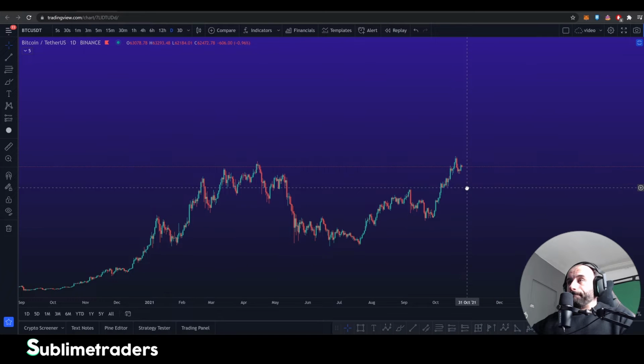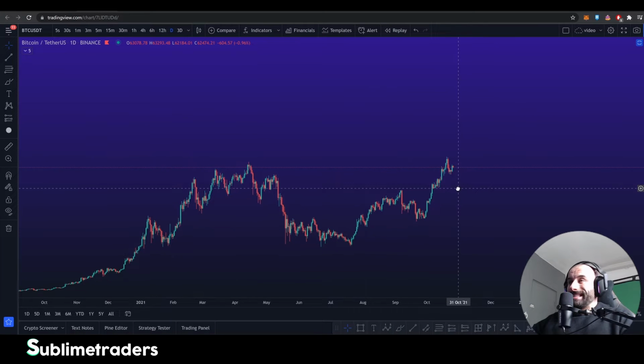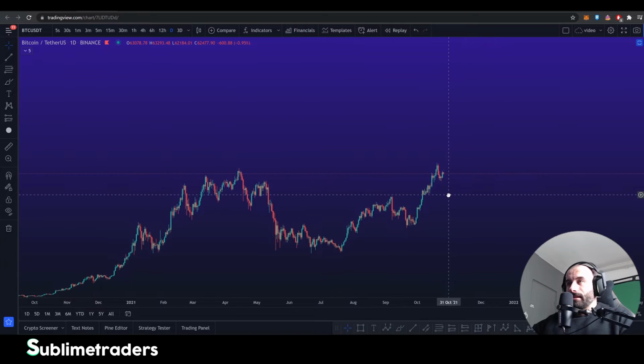And let's try to project something on the daily, a really simple technique that I sometimes use when I project prices. First of all, you need to establish a pattern, a local pattern, and then you need to measure the distance between the highest difference in the pattern.